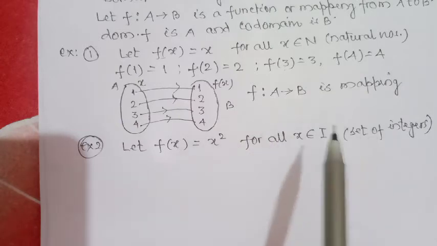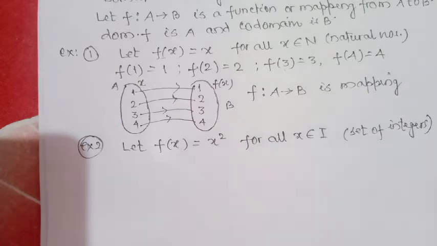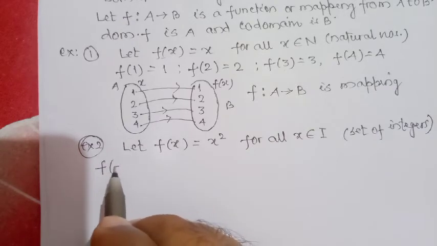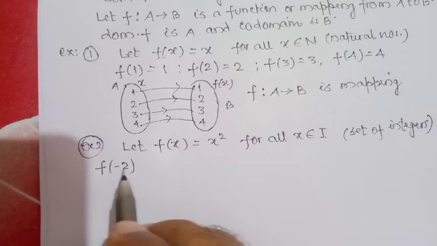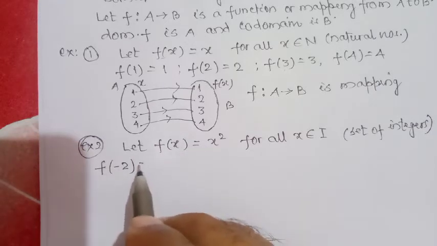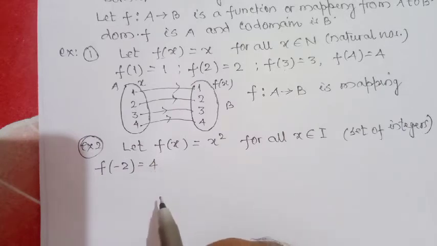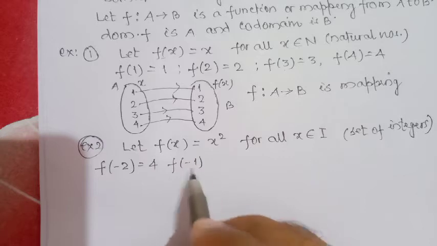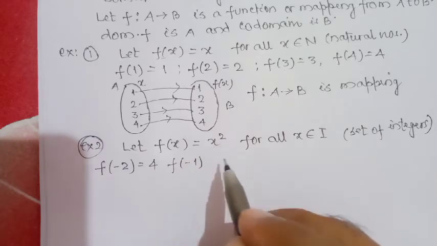Integers may be negative. So when x is equal to minus 2, then f(minus 2) will be the square of minus 2, which is 4. f(minus 1) is the square of minus 1, which is 1.